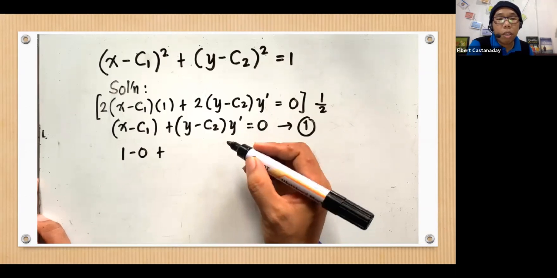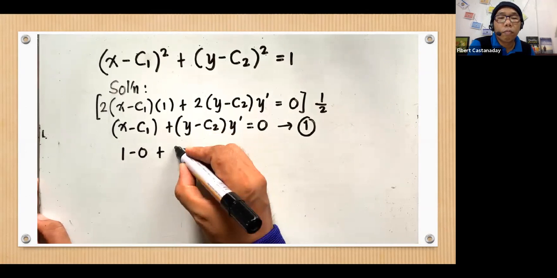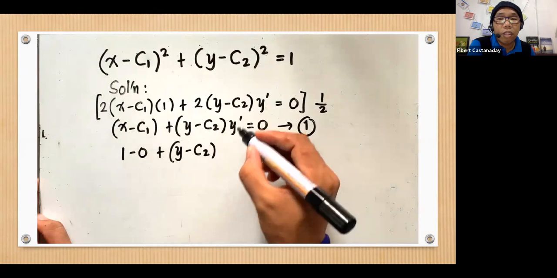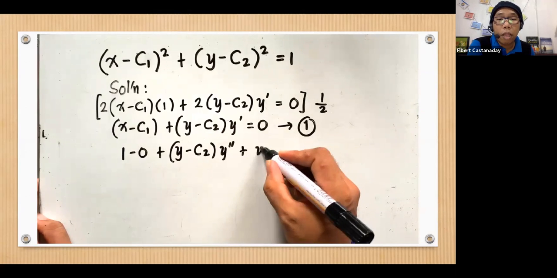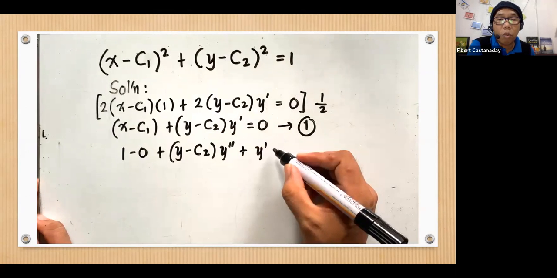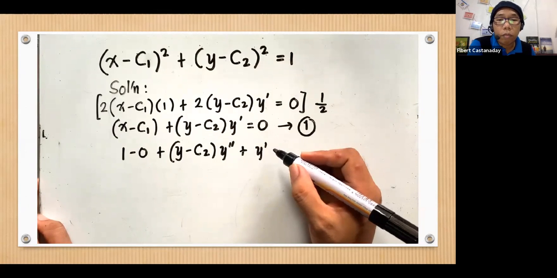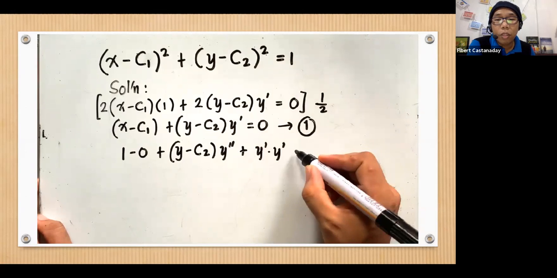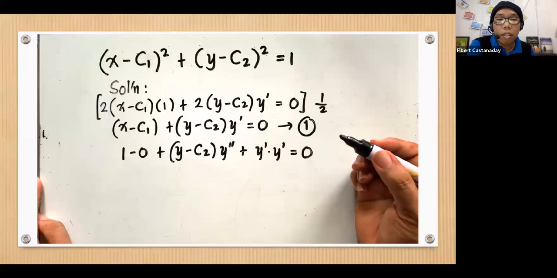So here we copy y minus c sub 2 and then differentiate the other factor. So y prime becomes y double prime, plus you copy y prime and differentiate mo yung y minus c sub 2, and that is y prime. So y prime times y prime is equal to y prime squared.